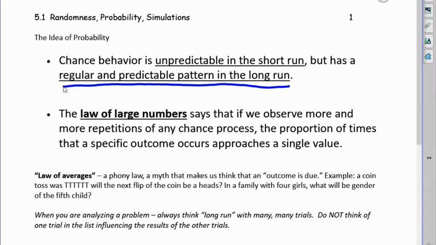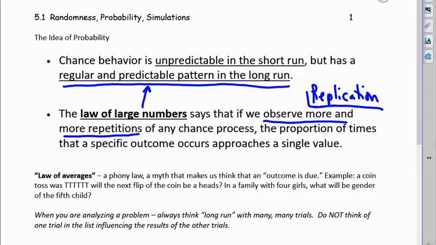So the law of large numbers is the law that describes this, and it says that as we observe more and more repetitions, that's our replication, as we have greater replication of any chance process, the proportion of times that a specific outcome occurs is going to approach a single value.